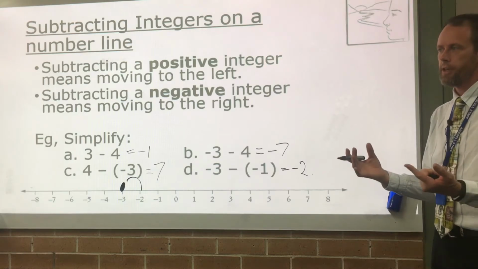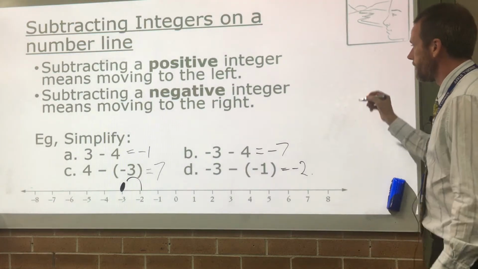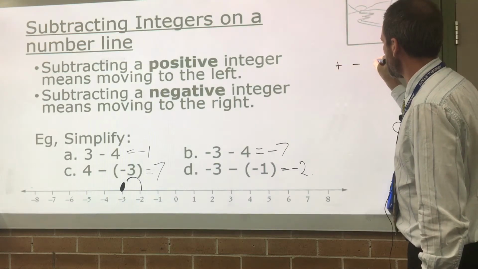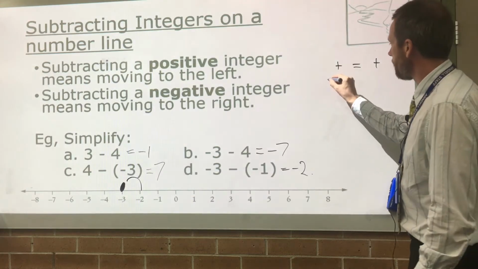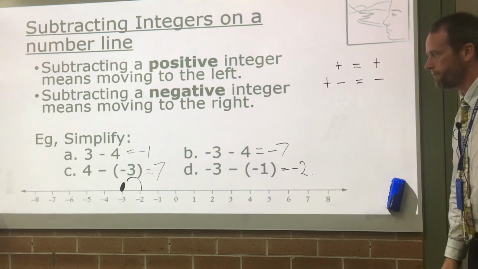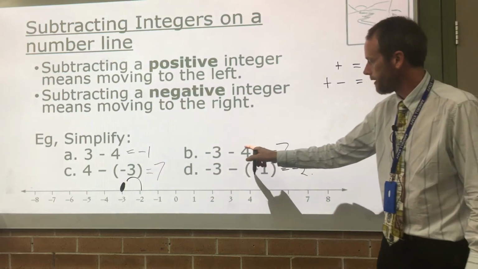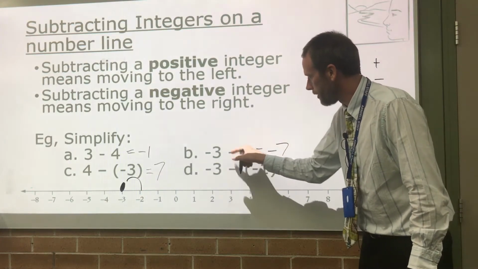Now, some of you may have worked out a shortcut. Really what's going on, if I have a positive, it is equal to a positive. If I have a positive and a negative, it's actually equal to a negative, like this one.